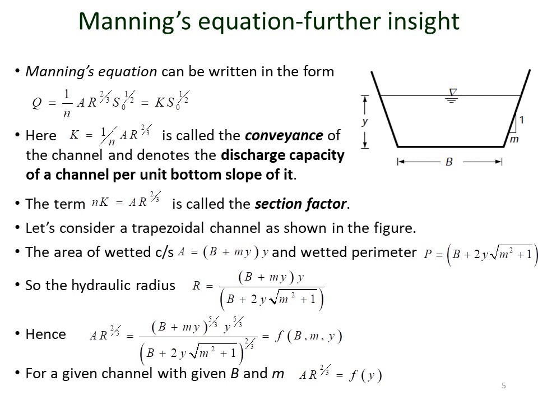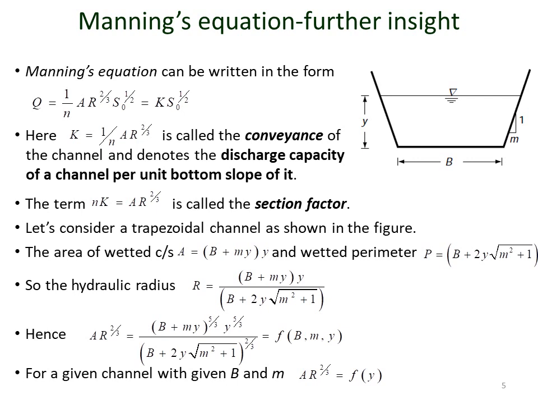The function is shown by the equation A R to the power 2/3 equals under bracket B plus m y to the power 5/3 into y to the power 5/3, divided by under bracket B plus 2y under root m square plus 1 raised to the power 2/3.